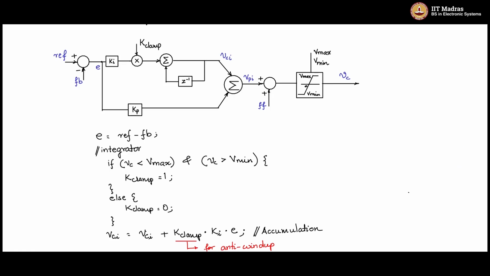This output of the controller can be given to a PWM block here. So let me draw a PWM block, and output of the PWM block will be the pulse width modulated pulse signals. So this VC, which is coming from the controller, can become the duty cycle variable, and this duty cycle variable can be used as the compare value to compare with the timer value inside.